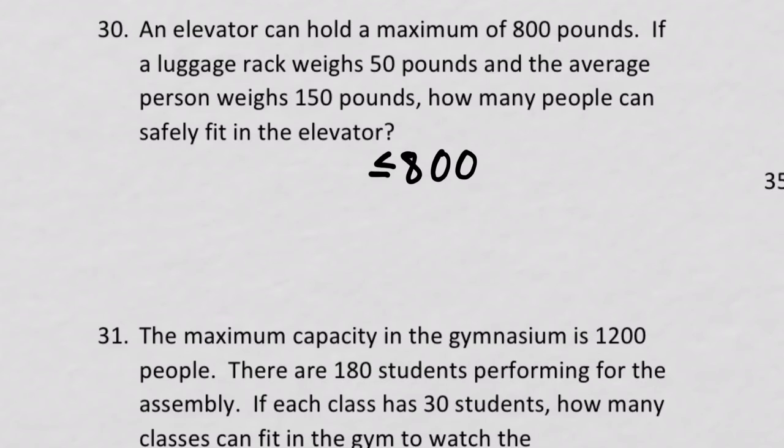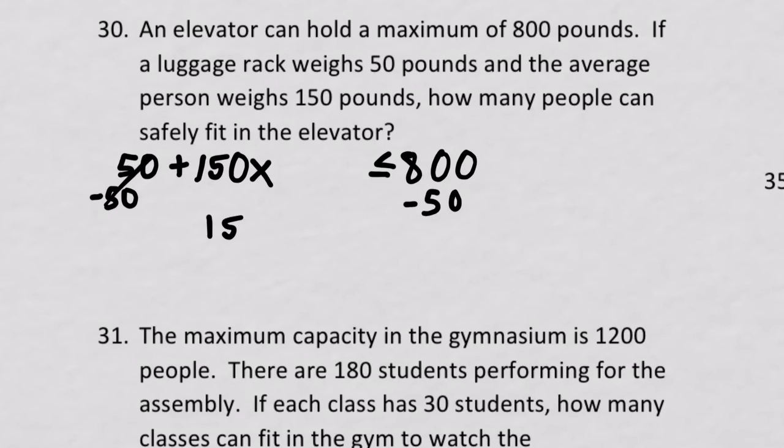Now the luggage rack by itself is 50 pounds, so 50 pounds of weight already. Plus, additionally, we have people, and each person weighs 150 pounds. So 150x, where x represents the number of people, 150 per person. We can solve this by subtracting 50.